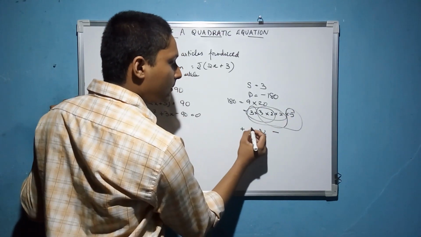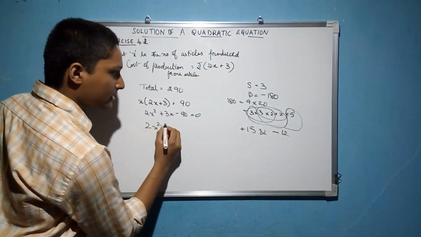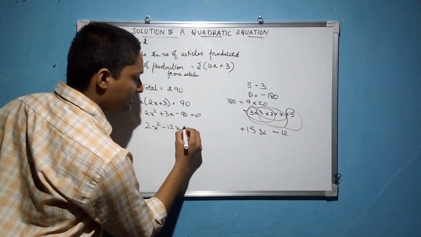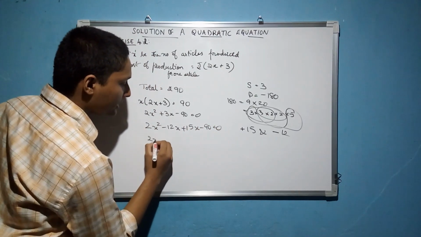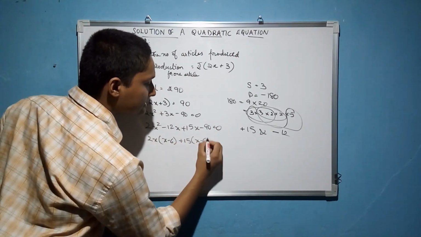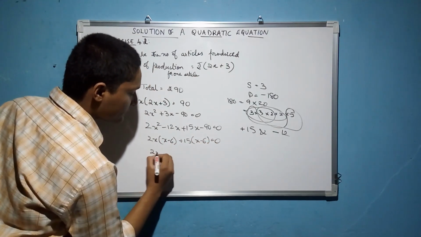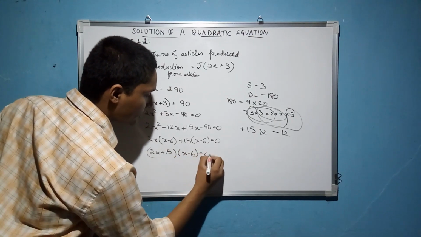So it is going to be plus 15 and minus 12. So this is going to be 2x square minus 12x plus 15x minus 90 is equal to 0. Or I can write 2x into x minus 6 plus 15 into x minus 6 is equal to 0. Or 2x plus 15 into x minus 6 is equal to 0.